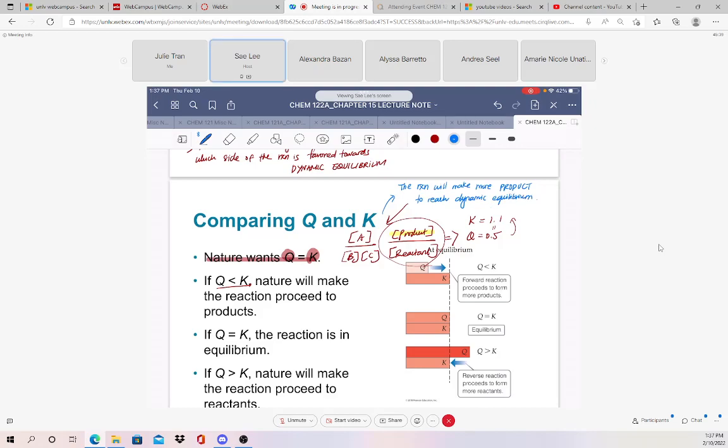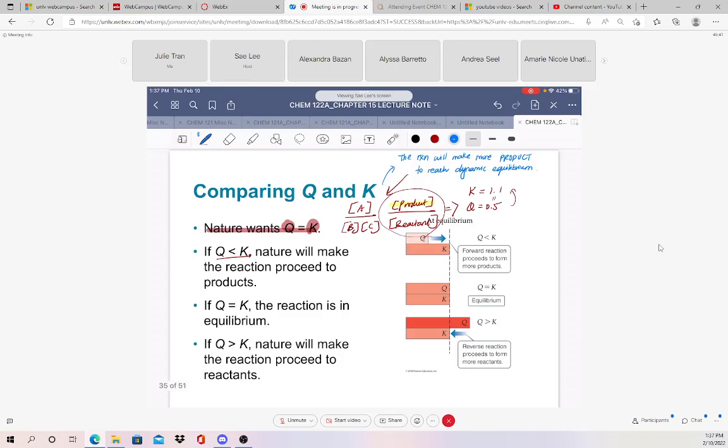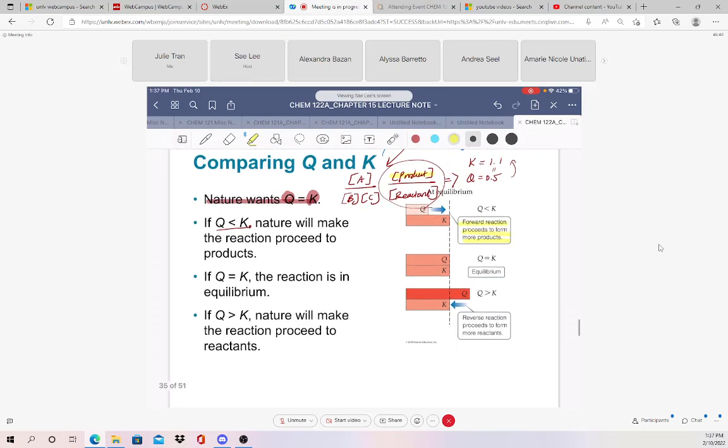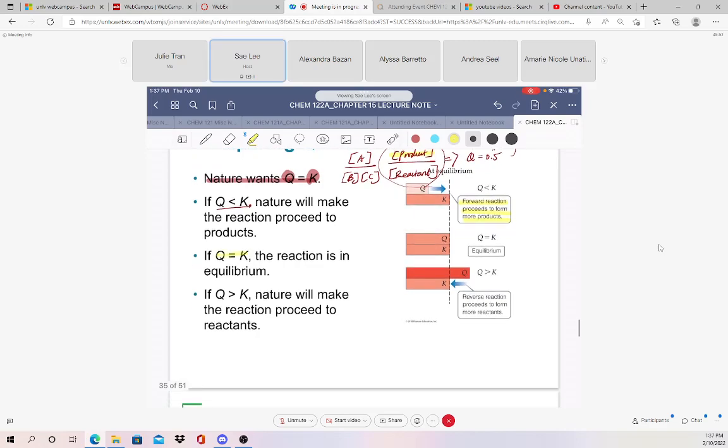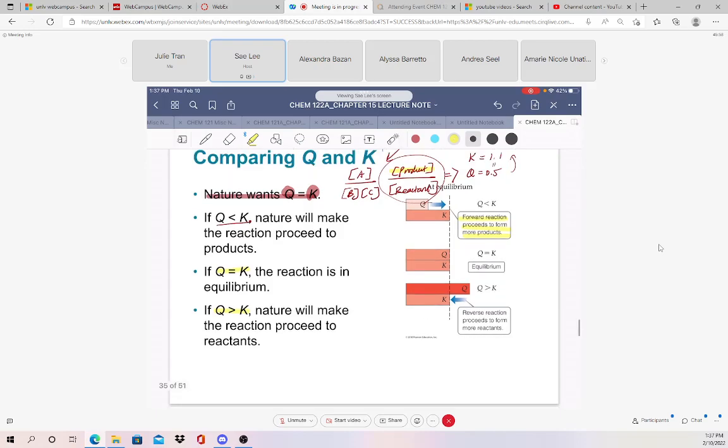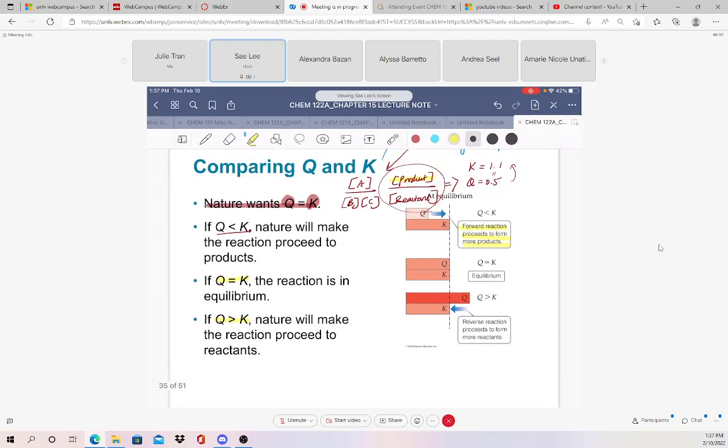So the forward reaction proceeds to form more product. And when Q is equal to K, the reaction is in equilibrium. When Q is larger than K, the reverse thing will happen.